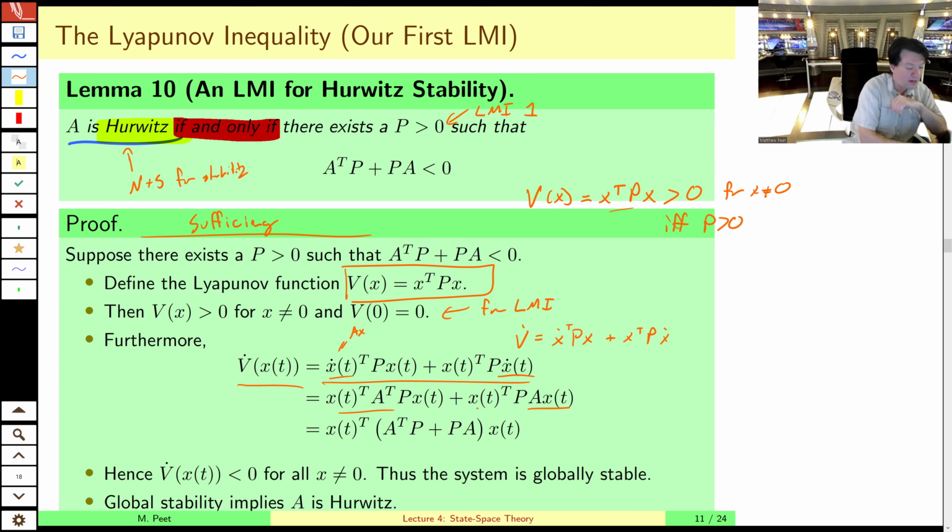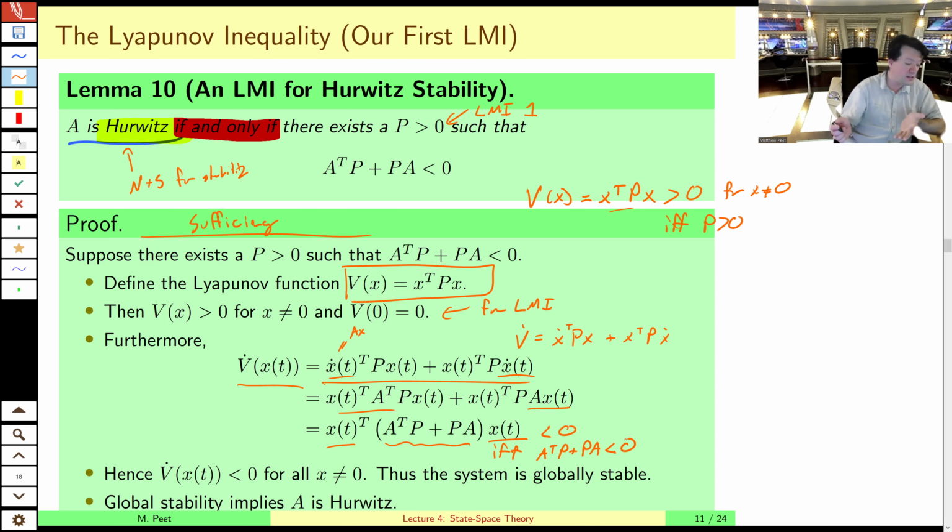We factor x out on the left and the right, and then we get x transpose (A transpose P plus PA) x. And of course, this is negative definite if and only if A transpose P plus PA is negative definite itself, again by the definition of what a negative definite matrix is.